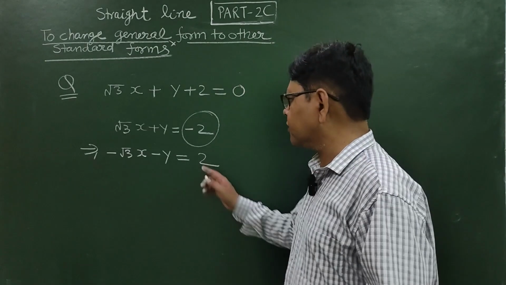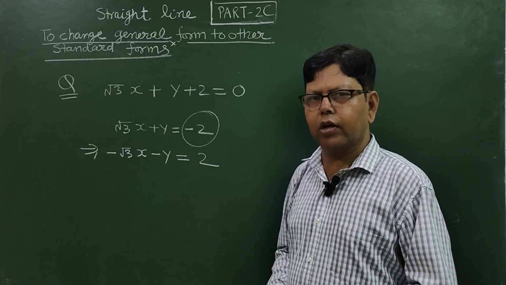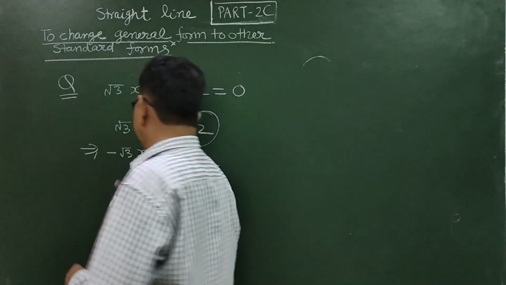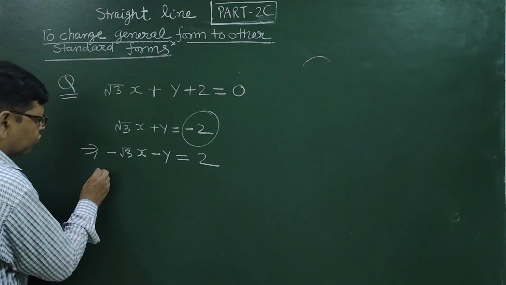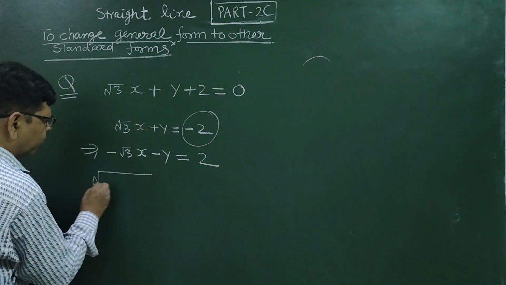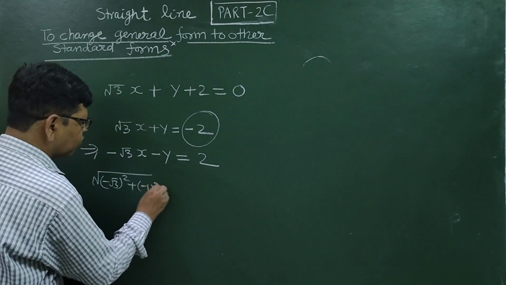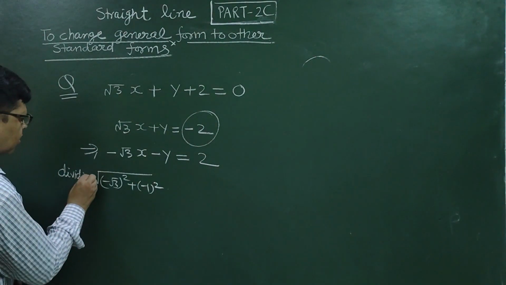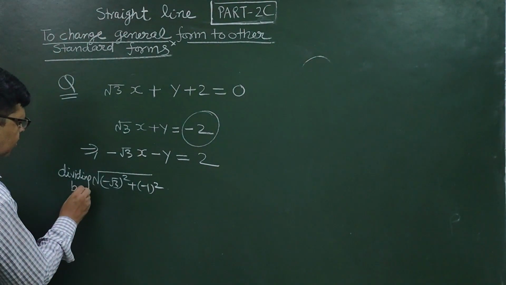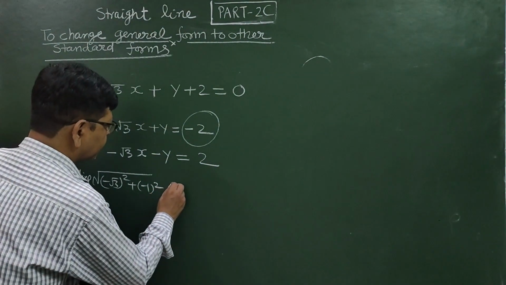Now the next step is to divide by the square root of a square plus b square on both sides. So here the coefficient of x is minus root 3 and the coefficient of y is minus 1. So dividing by square root of minus root 3 whole square plus minus 1 whole square on both sides.